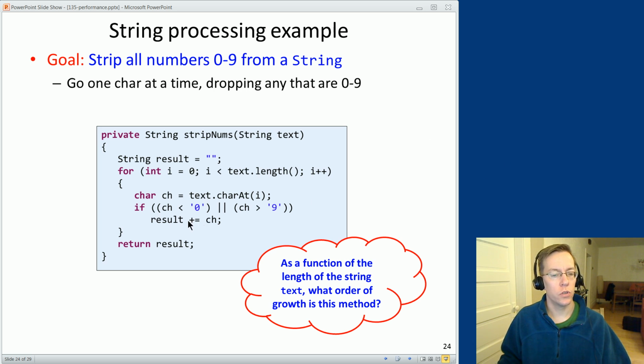Is that true? Well, not in the case of Java, as we'll see. This is a simple string processing function. It goes through all the characters, finds anything that isn't a number, and gets rid of them.